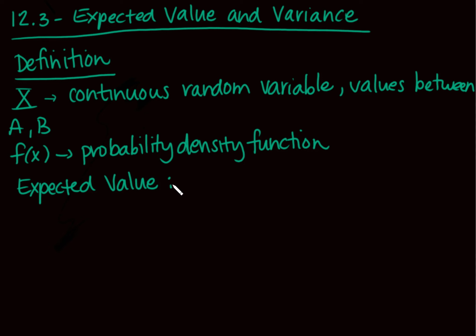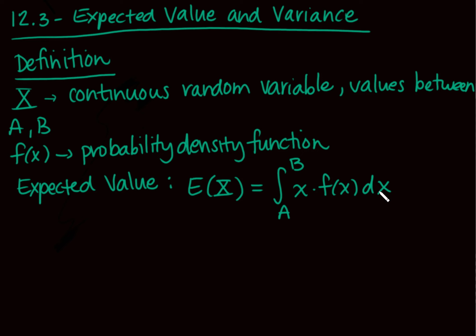So the expected value, E, of our continuous random variable between A and B, I'm going to just integrate from A to B. It's similar to what we had for discrete, except the integral allows us to consider all possible options over an interval between A and B, not just specific values.